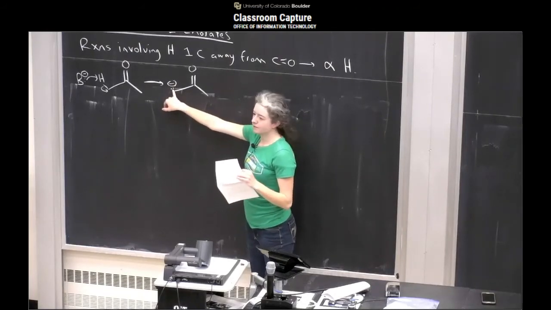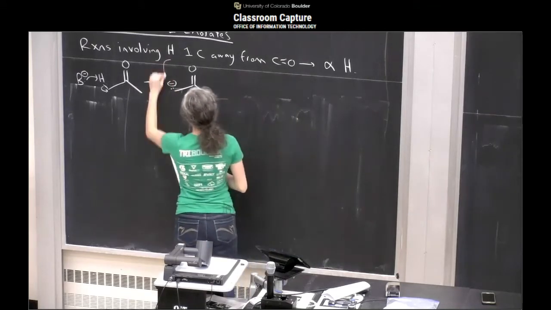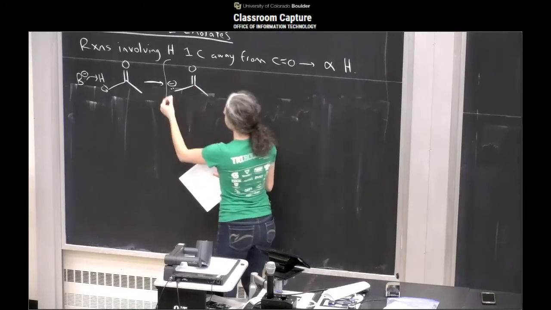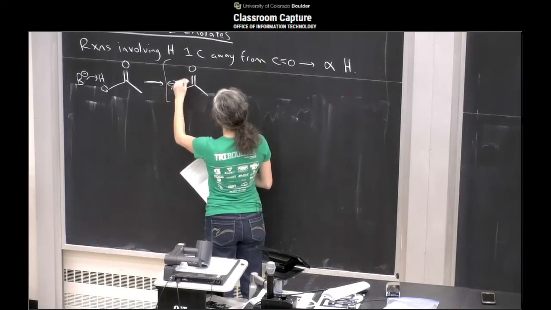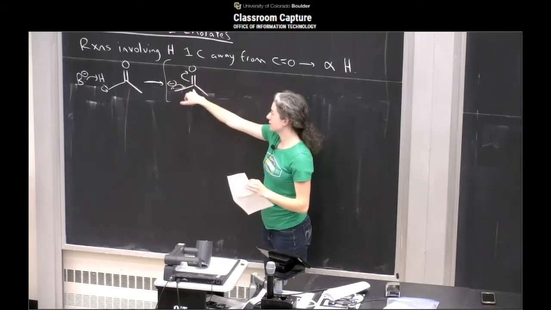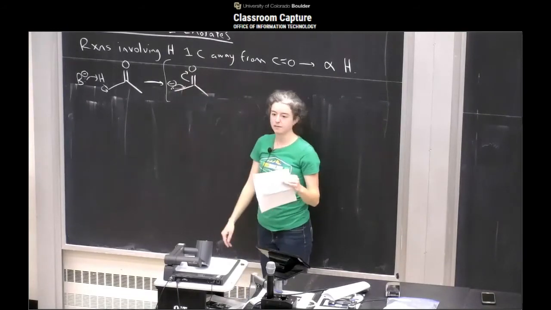The reason this one is so decent, it's still not great, but it's a lot better than it could be, is because of resonance. So we can show this thing kicking over. And if you look, this is that same 3-atom subunit that we're used to seeing in tons of resonance patterns everywhere.